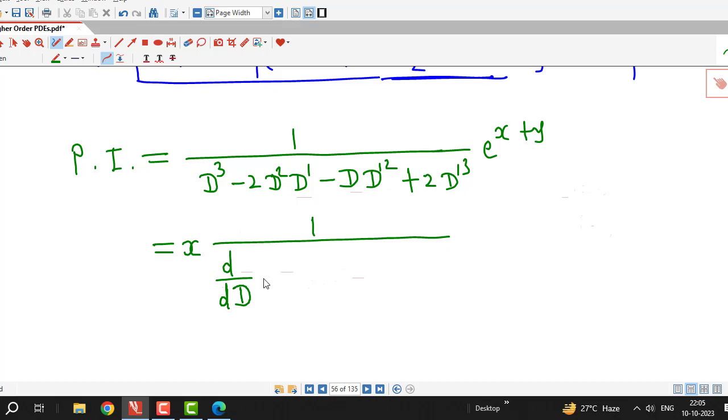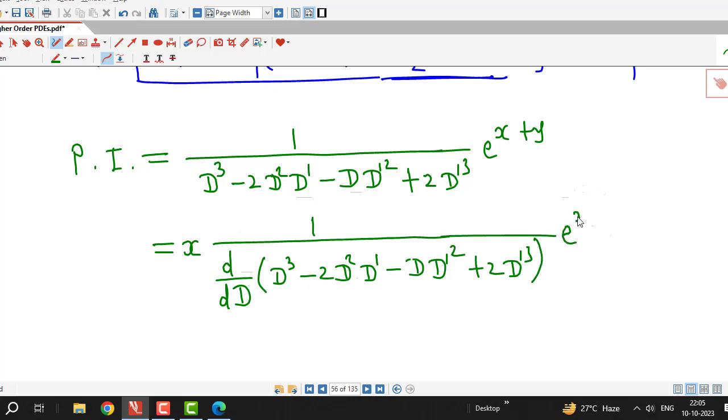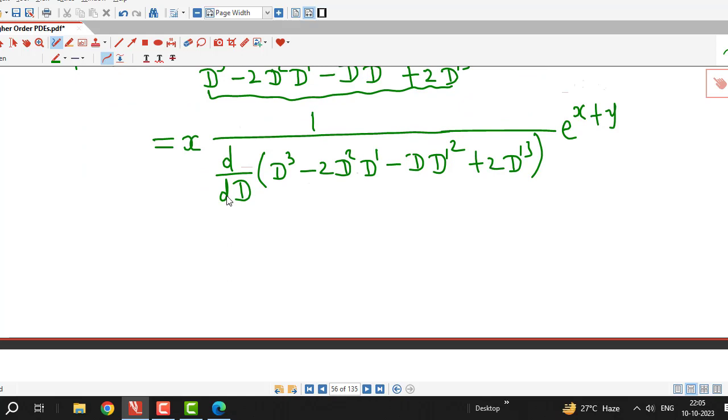F(D, D dash) is D cube minus 2 D square D dash minus D D dash square plus 2 D dash to the power 3, e raised to x plus y. Because this becomes 0 for D equal to 1 and D dash equal to 1, we are multiplying by x and we are taking the partial derivative, not the ordinary derivative, partial derivative of F with respect to D.